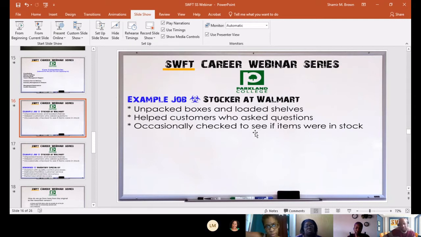I help customers who ask questions, and I occasionally check to see if items are in stock. That's a generic breakdown of what they do. In a lot of instances, we find ourselves feeling like the job we do is of less importance because it may not be in management, it may not be high paying, or it's not an ownership role or one that people make you feel good about having.